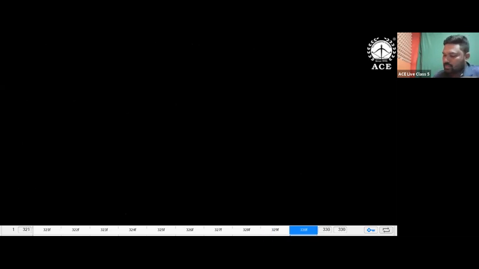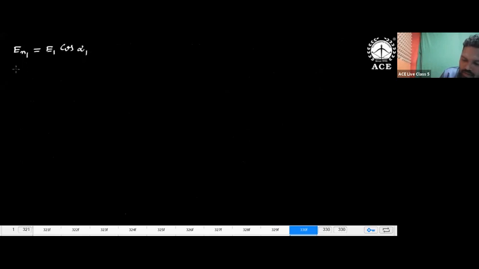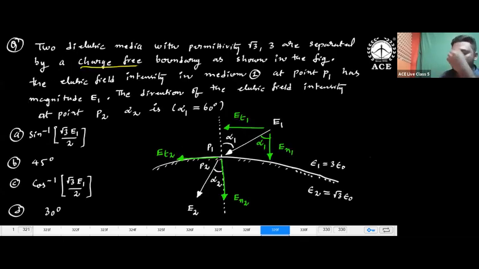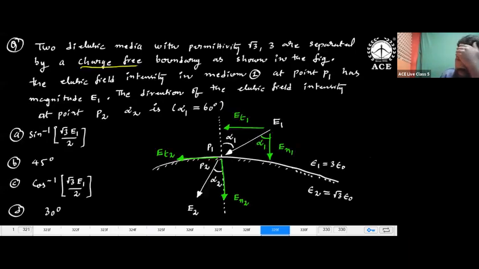What is this EN1? EN1 is equal to E1 into cos alpha 1. ET1 is equal to E1 into sin alpha 1. Similarly, what is EN2? EN2 is equal to E2 into cos alpha 2. What is this ET2, beta?